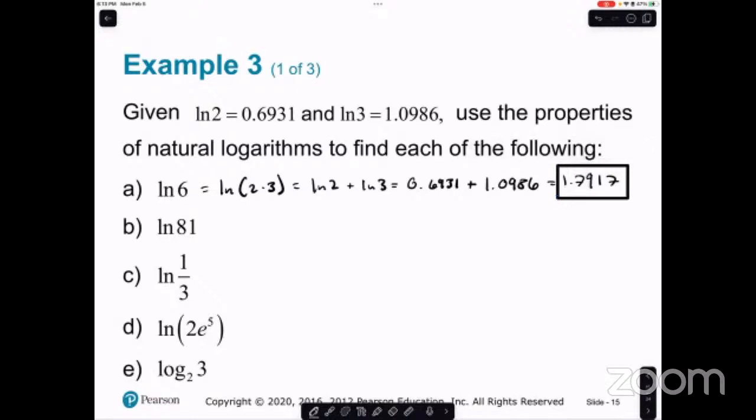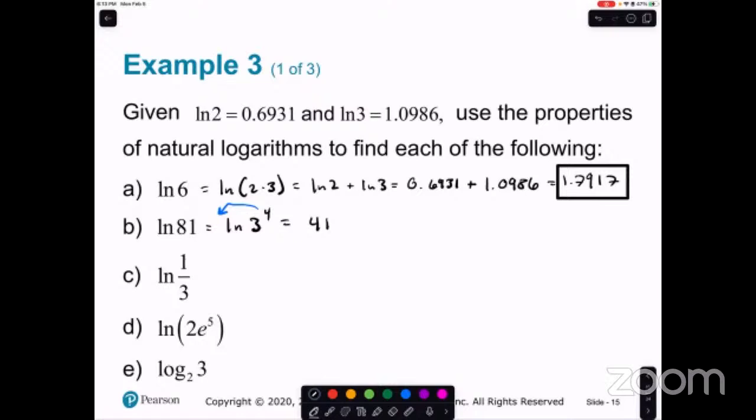81 is what? Is that 3 to the power of 4? 9 times 9? So this is the same as the log of 3 to the power of 4. So then we can apply the power rule. So then the power can come down. So this is going to be the same as 4 times the natural log of 3.